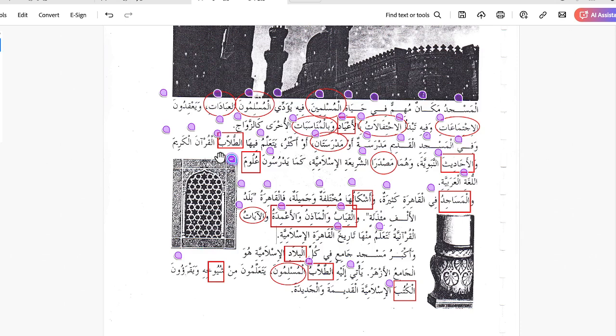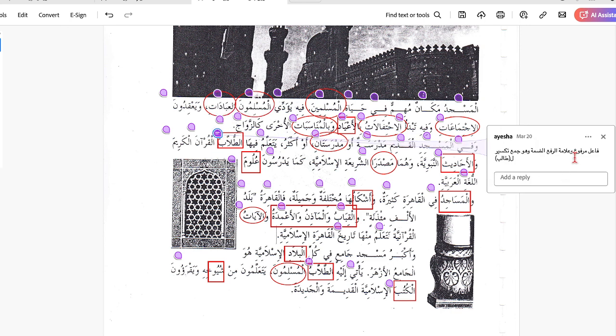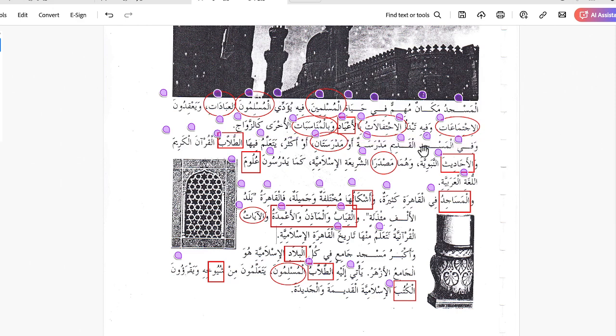Students study in it. At-tullabu is the fa'il, and this is the jam' taksir, broken plural, for talib. Tullabu is fa'ilun marfu'un wa alamatu raf'ihi ad-damma wa huwa jam' taksir li-talib.